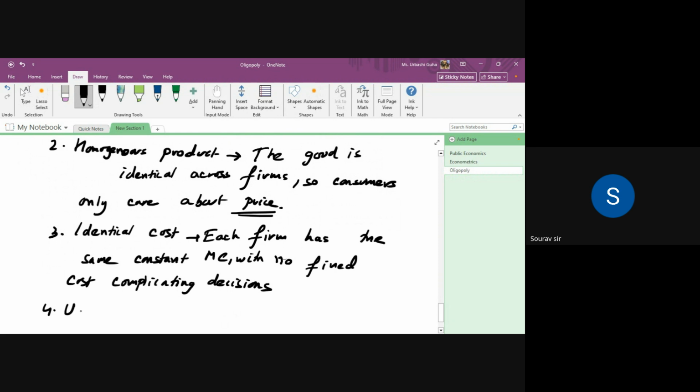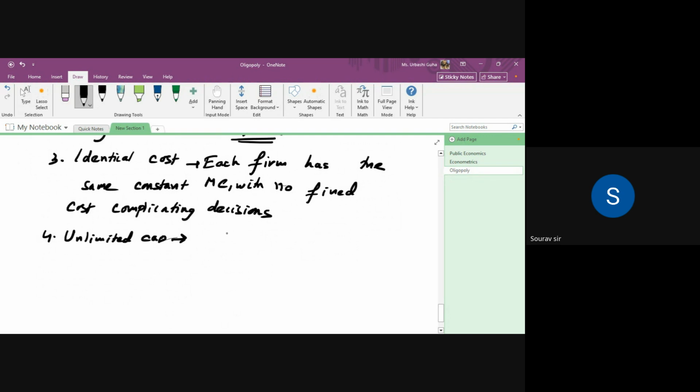Next, unlimited capacity. It's a question to you: what do we mean by unlimited capacity here? Yes, you can unmute yourself and tell me what we mean by unlimited capacity.